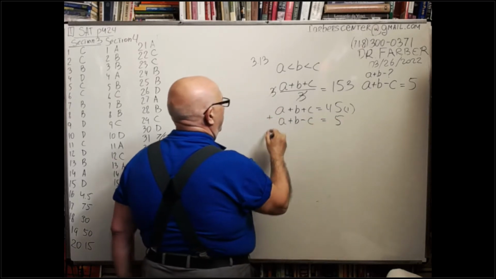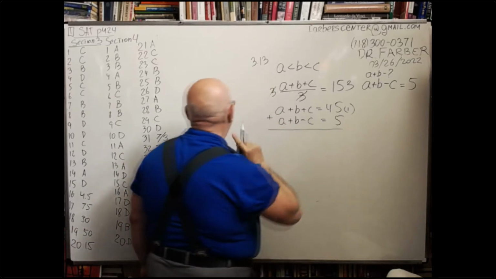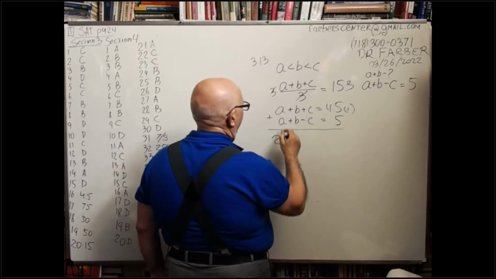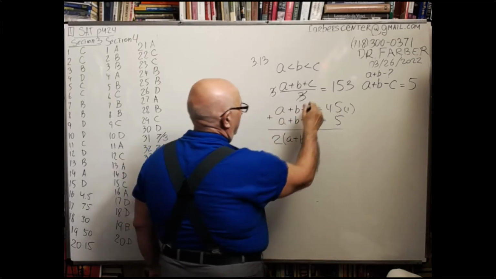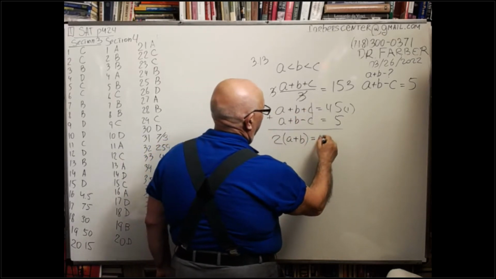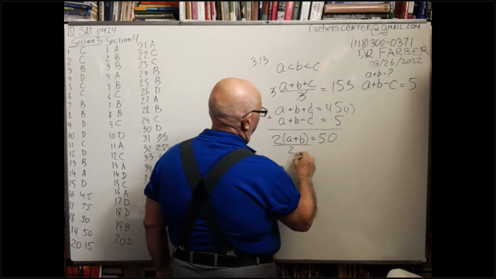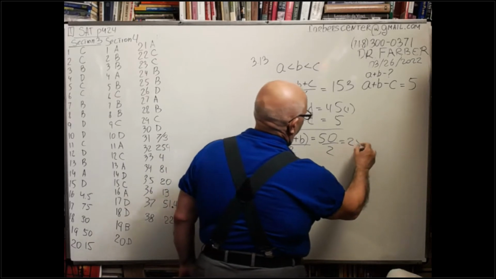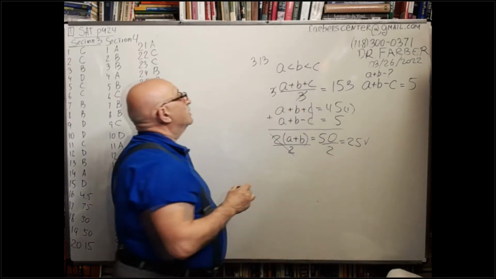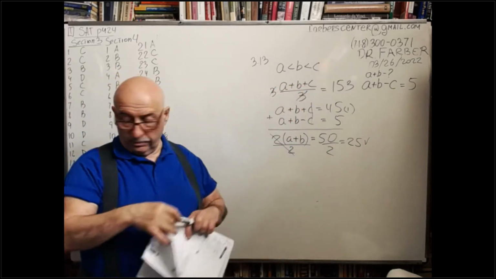If I add them up, I would have 2a plus b, 2a plus 2b, equals 50. And divide both parts by 2, 25. So that was 313.